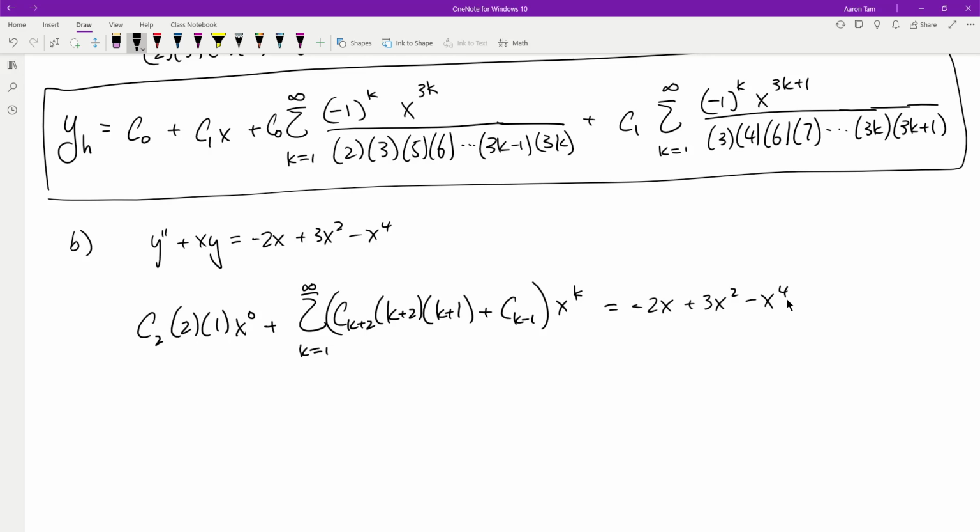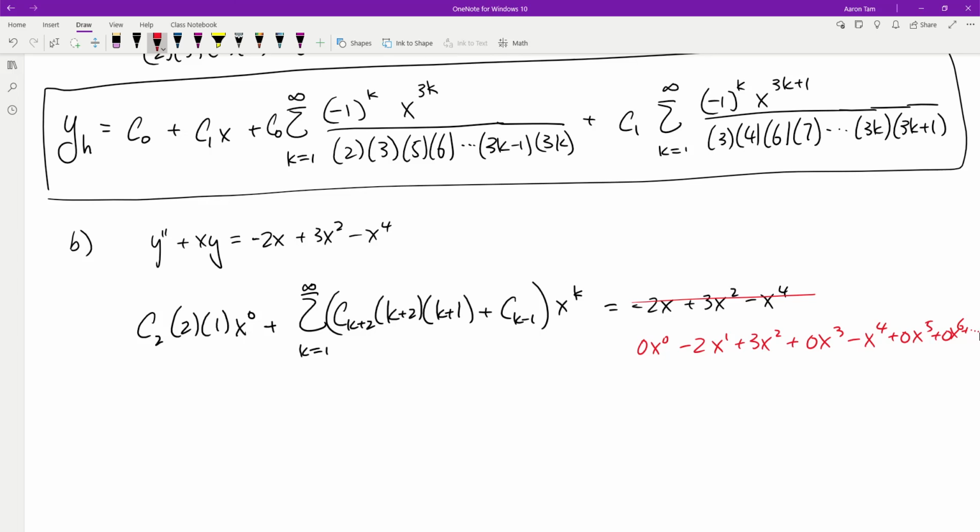So how do we go about doing this? Well, let's start with the following. That implies that this becomes 0x to the 0 minus 2x to the 1st plus 3x squared plus 0x to the 3rd minus 1x to the 4th plus 0x to the 5th plus 0x to the 6th, dot dot dot.